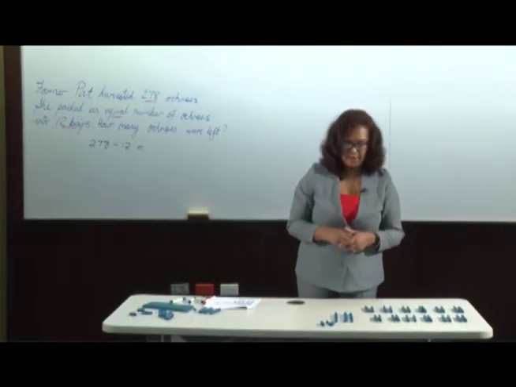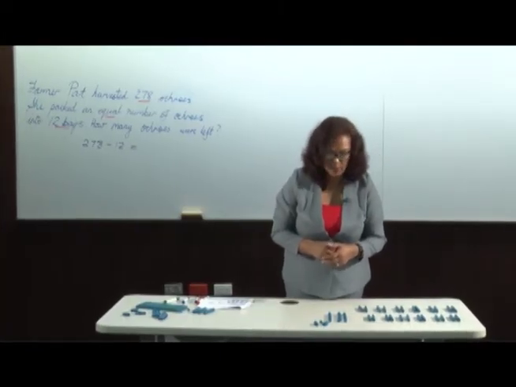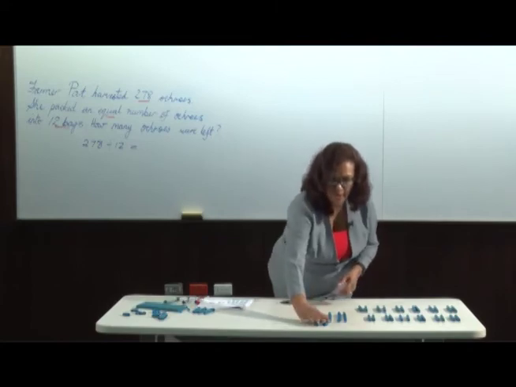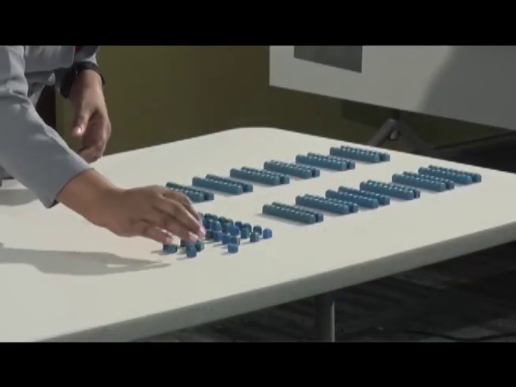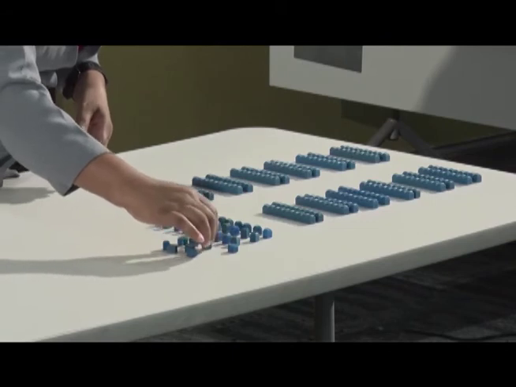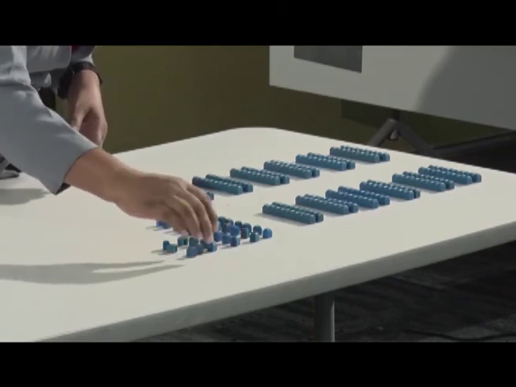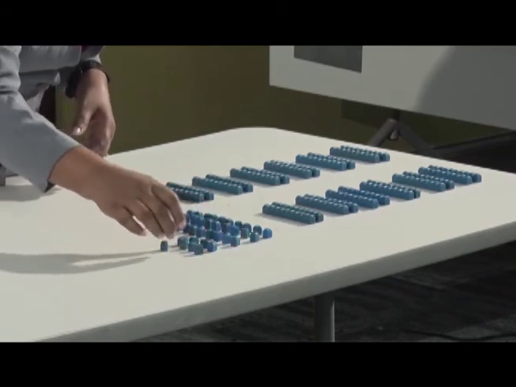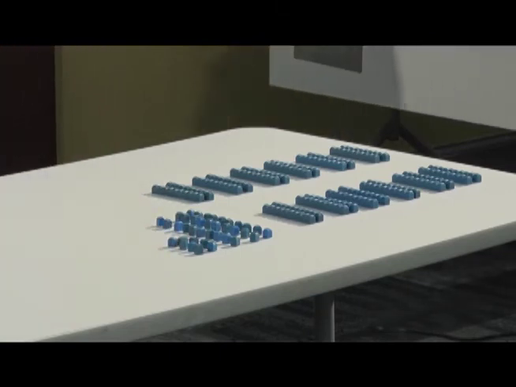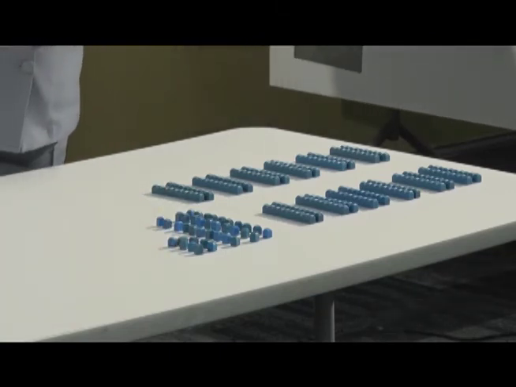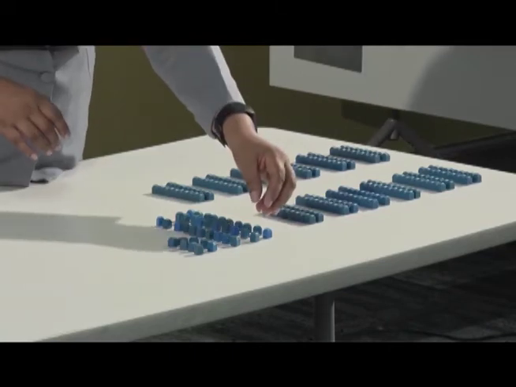So now I have 30 units or ones, but remember I had 8 from before. So together I have 38 units or ones. Can I now try to put this into 12 groups? Well, I can try. What I'm going to do is start with 3.